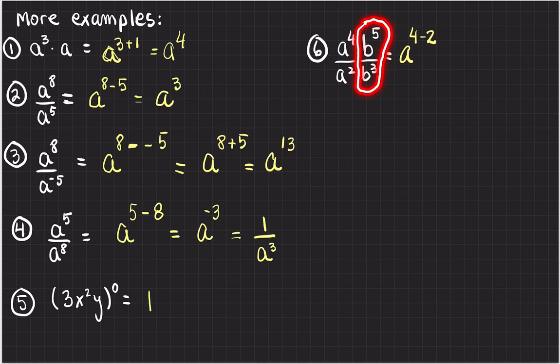Again, I have same base and division, so I'm going to keep the base and subtract the exponent, as always in the denominator. So let's do the subtractions now. 4 minus 2 is 2, and for b, 5 minus 3 is 2. So the answer for this problem is a squared times b squared.